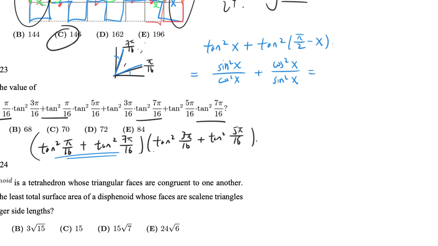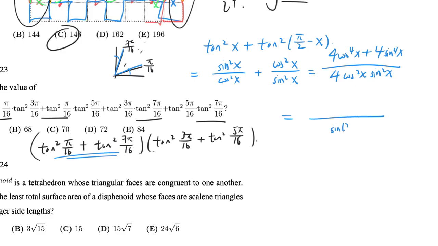So then we can rewrite into a common denominator, and because we have cosine sine, we want to put this into a double angle formula. So immediately we would have something like this: cosine to the fourth, sine to the fourth, and then the denominator would become sine 2x squared.